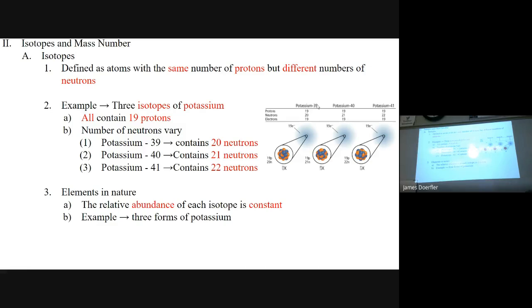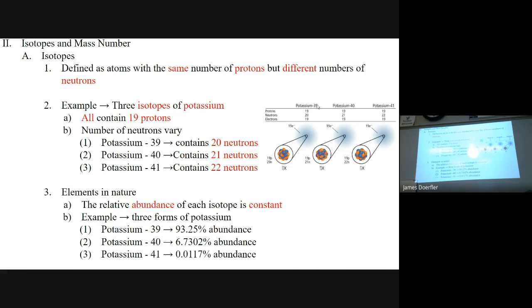Again, looking at the three forms of potassium, it was found that potassium 39 makes up 93.25% of the abundance of potassium. Potassium 40 makes up 6.7302% of the abundance of all potassium. And lastly, potassium 41 just makes up a fraction of a percentage of all the potassium.